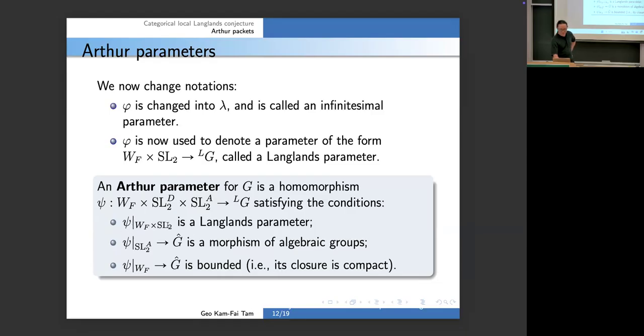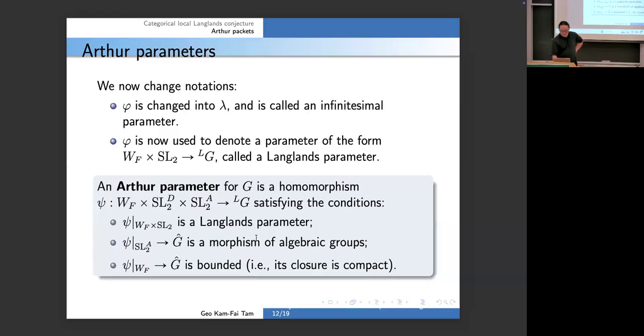These restrictions are just a shorthand notation. If you really go to the definition, you'll see some matrices with eigenvalues q to the half power and its inverse, but I don't want to write down those matrices, so I use this shorthand notation. You can go back to Arthur's paper to look at the construction.